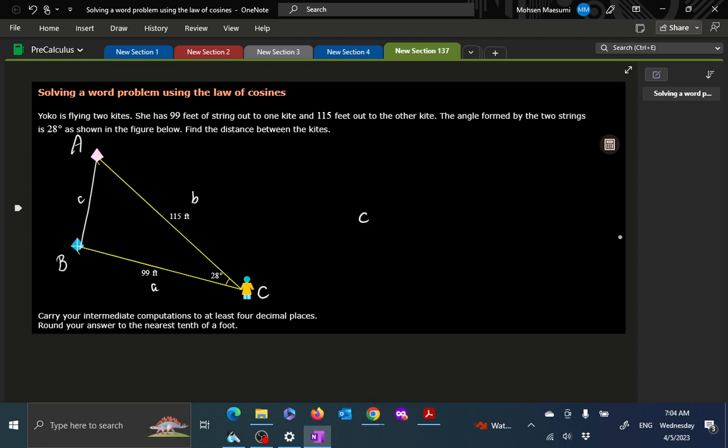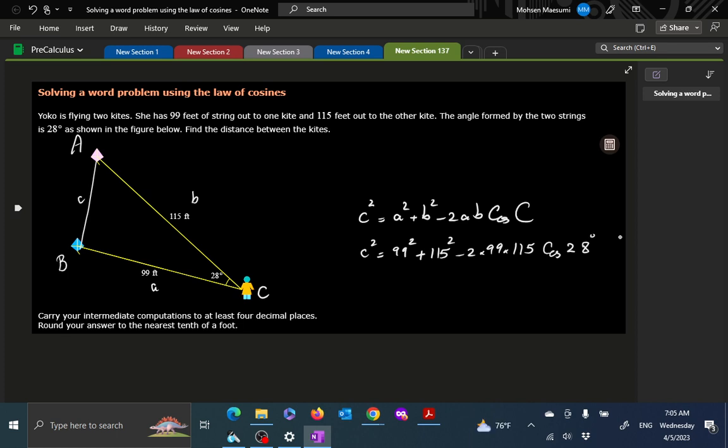Therefore, c squared is equal to a squared plus b squared minus 2ab cosine of C. So c squared is equal to 99 squared plus 115 squared, minus twice 99 times 115 times cosine of C, and C is given to be 28.